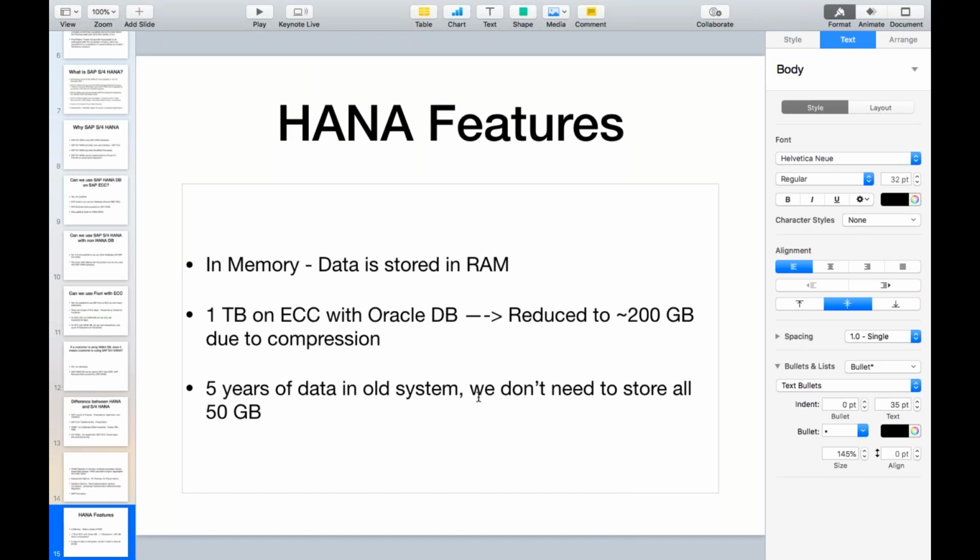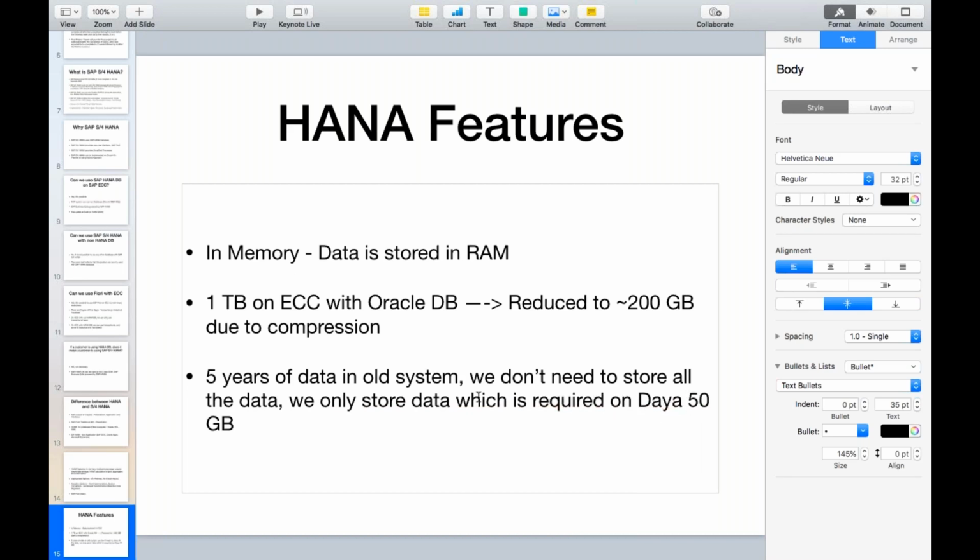Got it. Okay, so we don't need to store all the data. We only store data which is required for day-to-day business, on a day-to-day basis, day-to-day reporting. Right. It means it depends on company to company. Some companies will keep the data for 3 years, some companies maybe want to keep the data for 5 years.